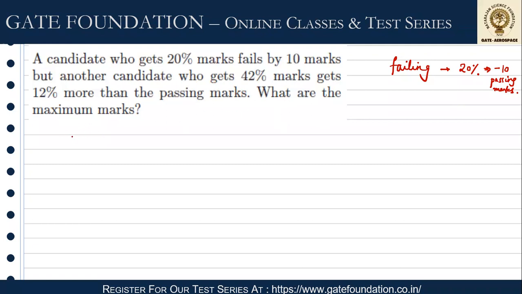Talking about the other candidate, let's say this is candidate Y. From the marks of Y, what I can understand is 42% marks are 12% more than the passing marks.